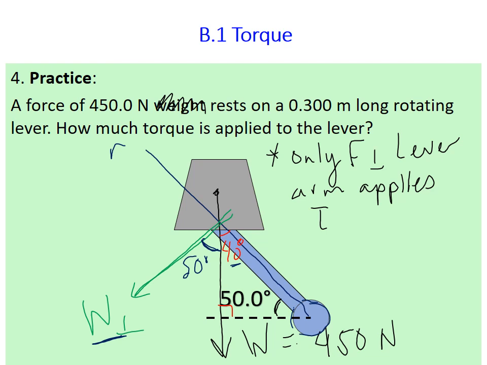So we'll calculate it. This green vector is a cosine. So the green vector, the W perpendicular, is equal to the hypotenuse, which is 450 newtons, times cosine of 50 degrees.